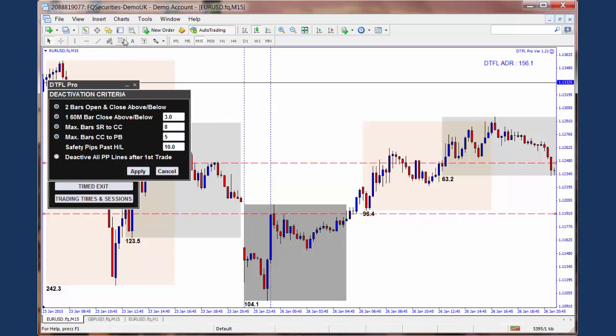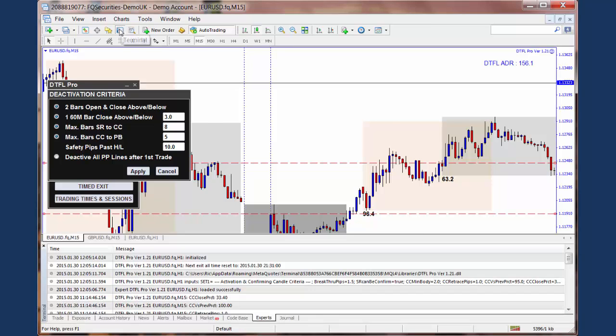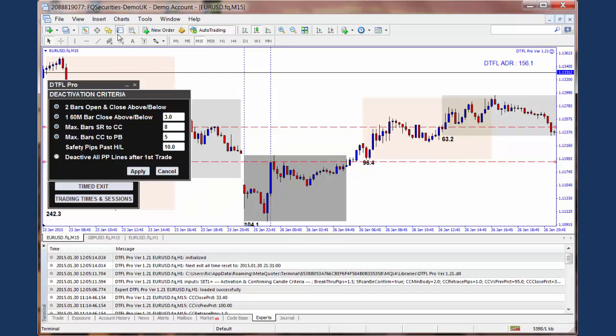You will notice that because if you look in the terminal folder, if you click terminal, the button up here, and then look in the experts tab, it'll be listed here that the PP line is invalid. It says PP line invalid, gives you the price that it was, and it says will not be used. If you see, well, why didn't my line get drawn that I drew at 6 o'clock?